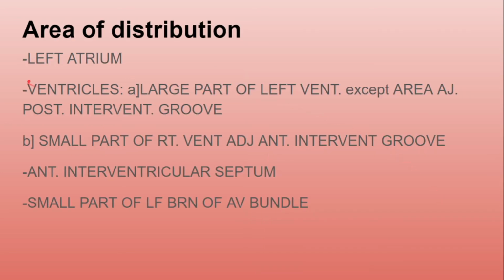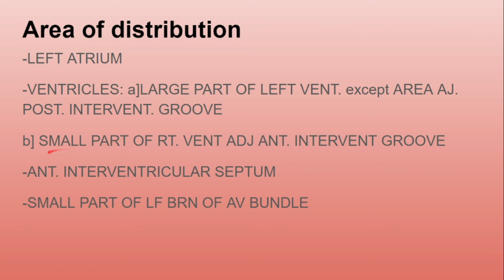Now the area of distribution. First is simple, that is the left atrium, because it is on the left side. Now in the ventricle, of course, a large part of the left ventricle except the area adjoining the posterior interventricular groove, because the posterior interventricular groove is supplied by the right coronary artery, if you remember the previous one.